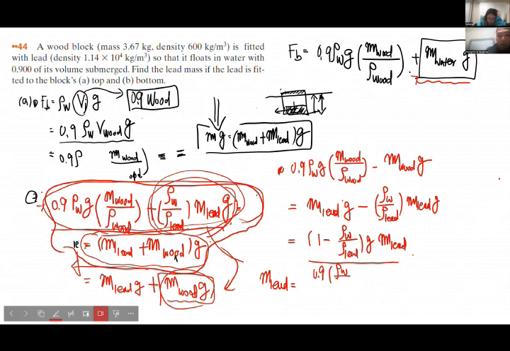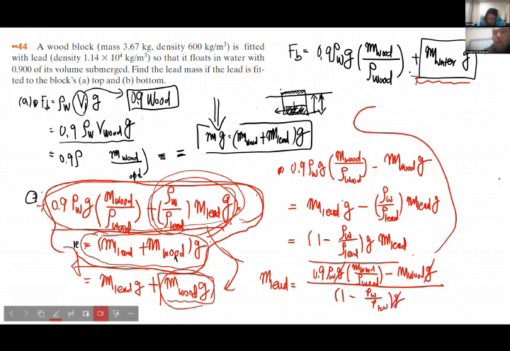Hold on. Okay, let me just rewrite it. Rho_W g M_wood minus rho_wood M_wood g over 1 minus rho_W over rho_lead, times g, but the g can be canceled out of the numerator and denominator.